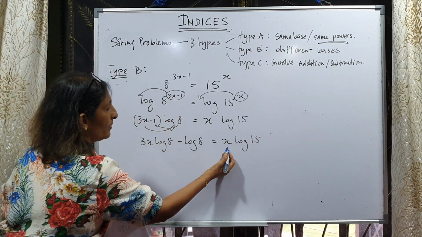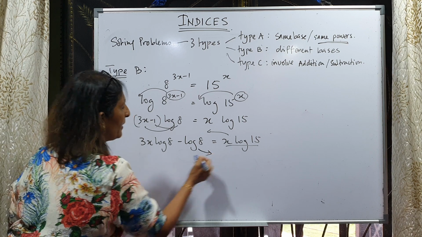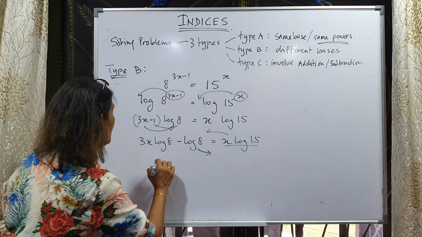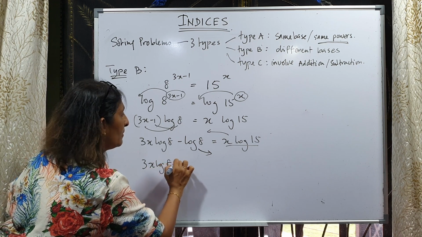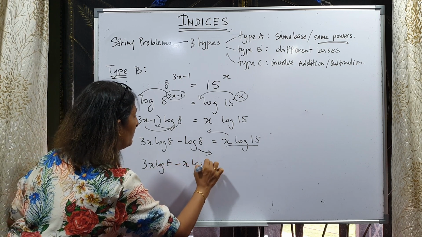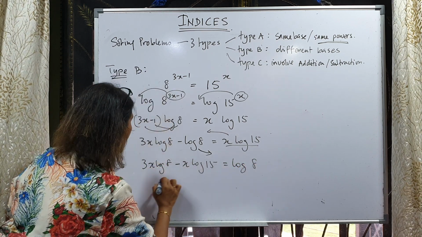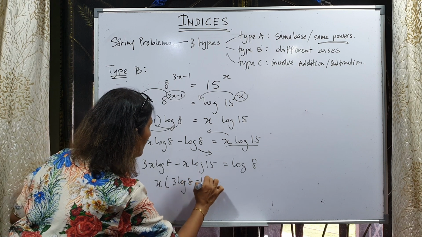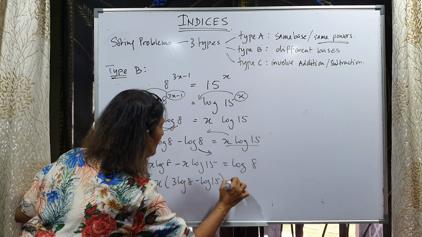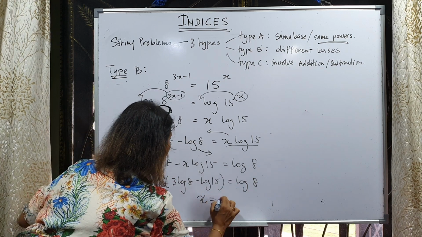Next is bring all the logs with x to the left. Numbers that don't have x, bring it to the right, because we want to make x the subject. X log 8 minus x log 15 equals log 8. And make x the subject. 3 log 8 minus log 15. We factorize, and make x the subject now.